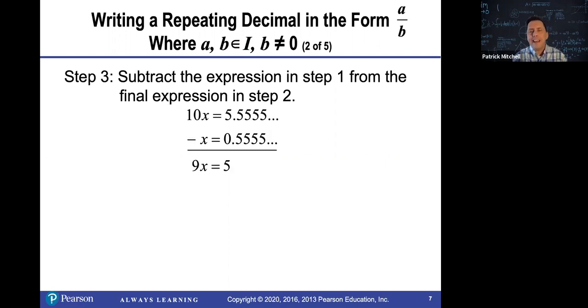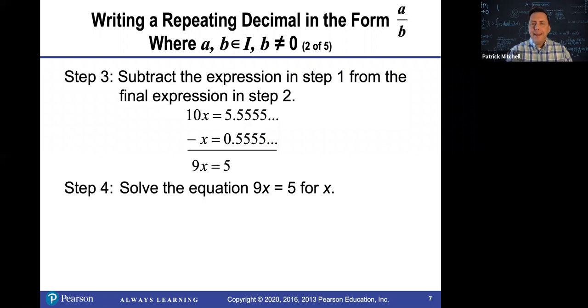So in other words, we're going to take 10x, which is 5.5555 repeating, and subtract x, which is 0.5555 repeating. 10x minus x is 9x, and 5.5555 repeating minus 0.5555 repeating just gives you 5 because the decimal parts cancel each other out. So 9x is equal to 5, which means x is 5/9.